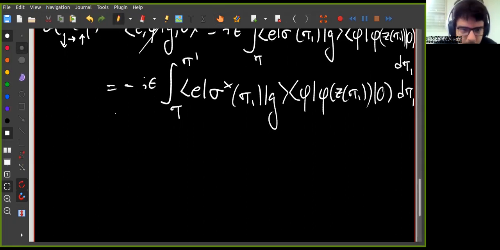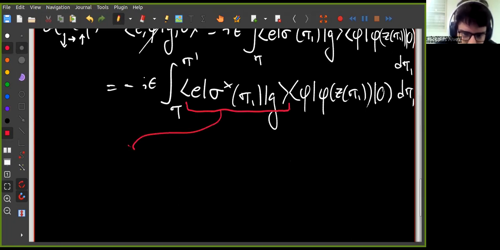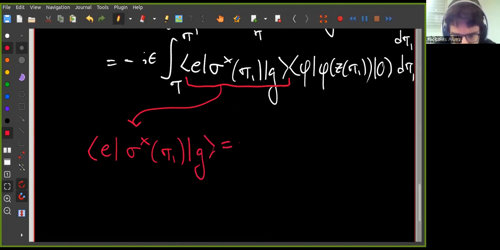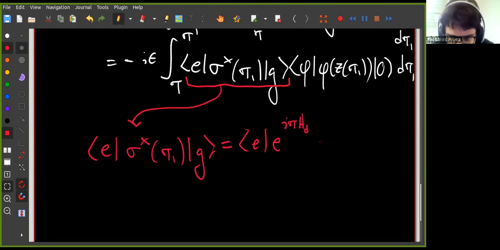Now we compute what is this expression in here. E sigma x of tau 1 G equals E, e to the i tau H d, sigma x e to the minus i tau H d, G. There could also be the Hamiltonian for the field in here, but it would just cancel because it commutes with sigma x.